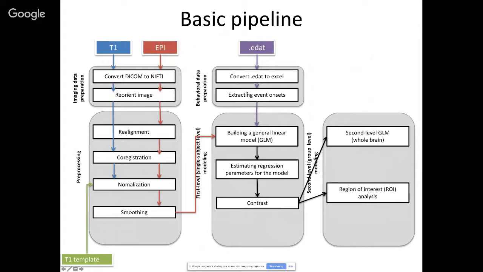After we extract the onset of every event, we build the first level general linear model, and then we estimate the parameters of this model, and then we do the planned comparison, which is the contrast analysis, to examine the brain activity.